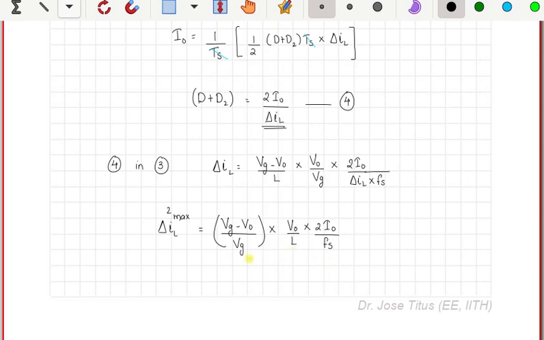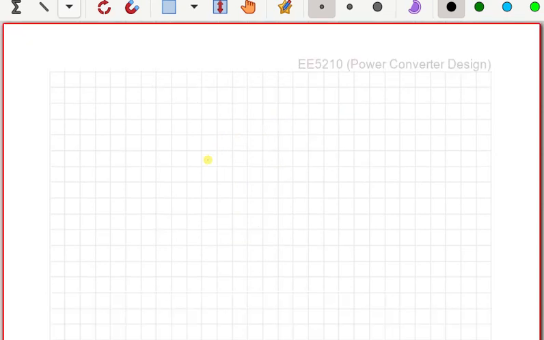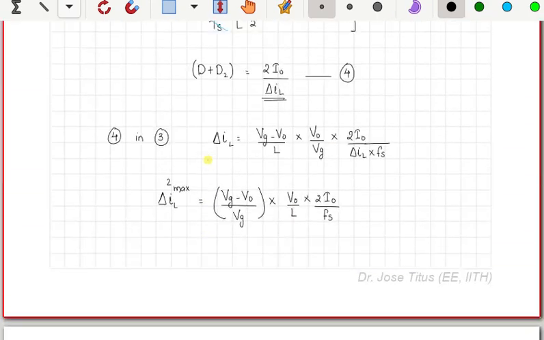So this equation now contains delta IL in terms of Vg alone. So clearly we can now identify the value of Vg at which delta IL will become maximum. That is clear from this expression, if I put it in this form: 1 minus VO by Vg times VO by L into 2I0 by Fs.